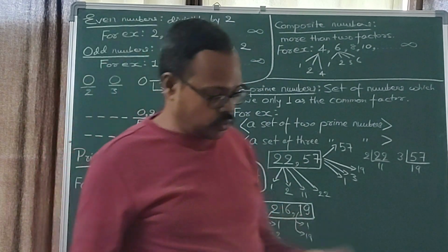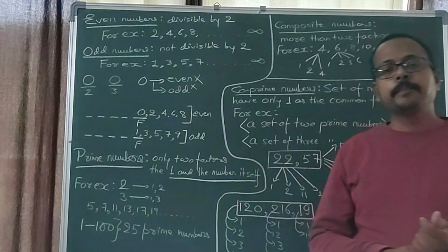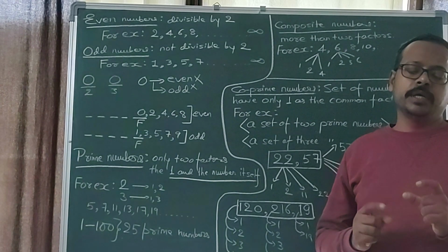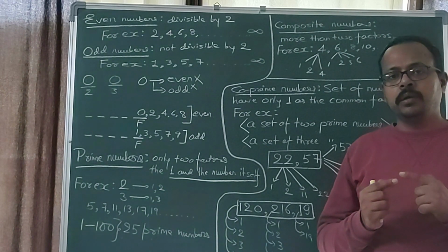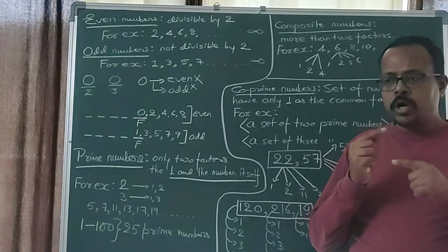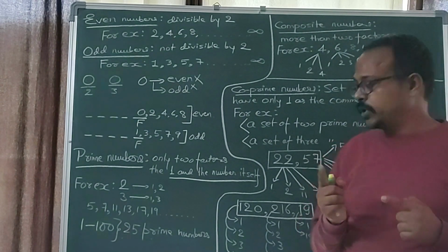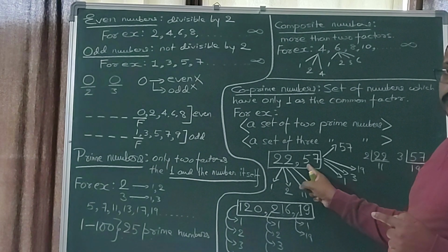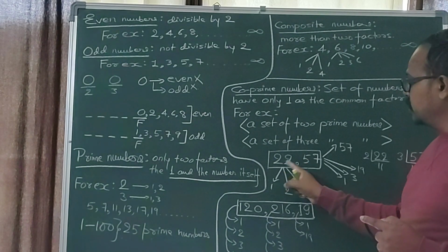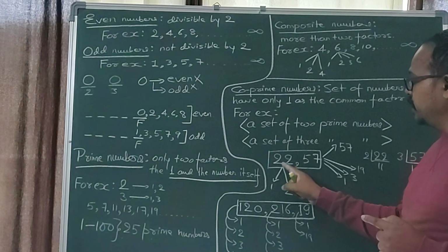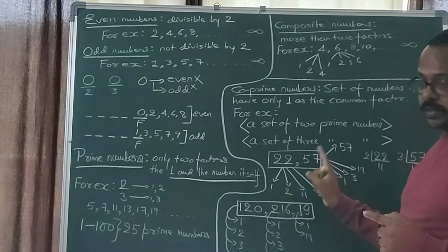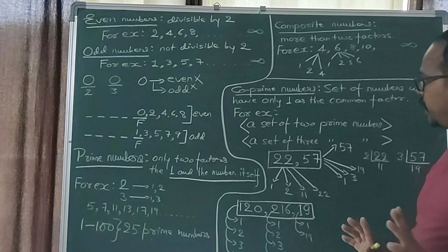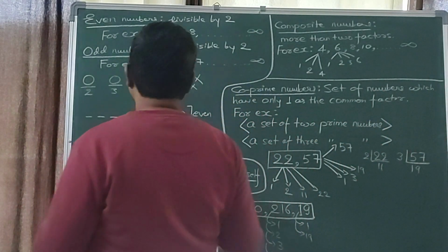So yes, it is true that in a set of co-prime numbers, each of the numbers does not need to be a prime number. For example, this is 22, 57. Neither of these numbers is prime, but still this set of these 2 numbers together is co-prime, right? So let us do a quick revision.